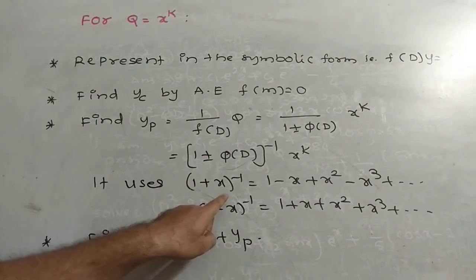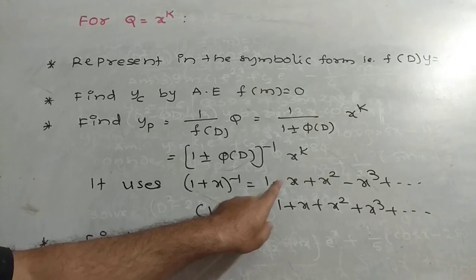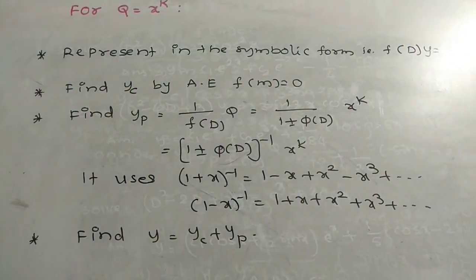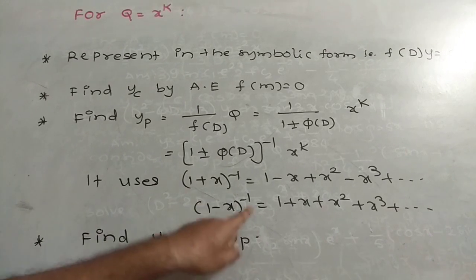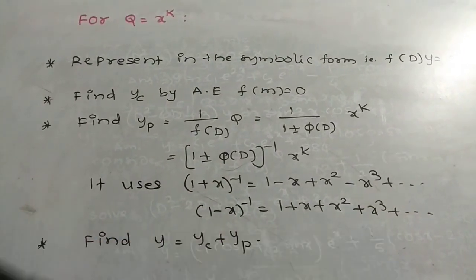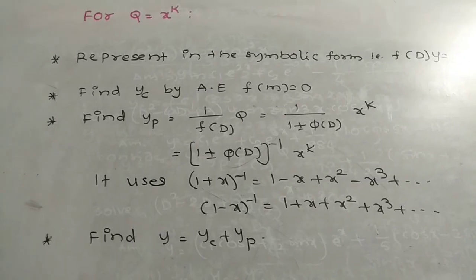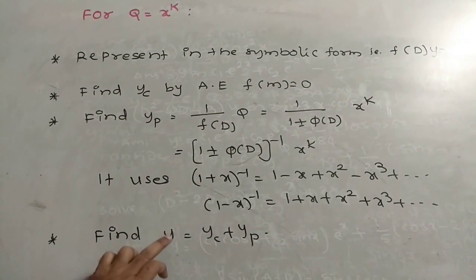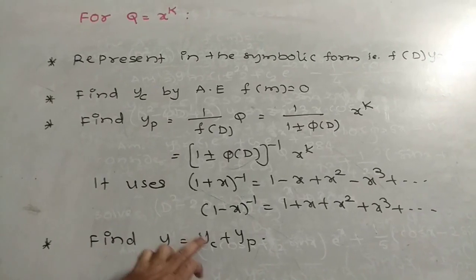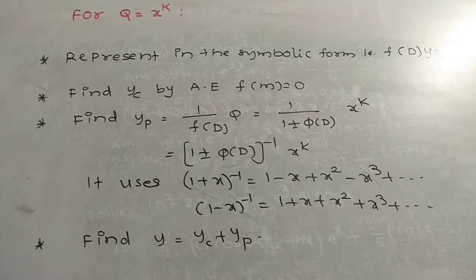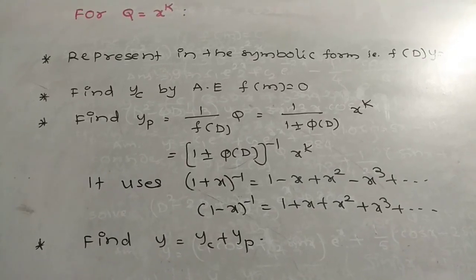This 1 plus x whole power minus 1 uses the principle 1 minus x plus x square minus x cube plus so on, or 1 minus x whole power minus 1 is 1 plus x plus x square plus x cube and so on. So you do the simplification and calculate your yp, and finally you get the complete solution, which is yc plus yp. So this is the procedure when Q equals x to the power of k.